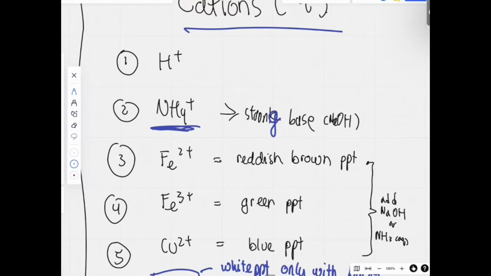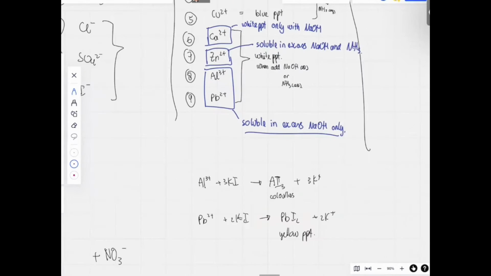But if you heat up ammonium, will it become a gas? Yes, if you really heat it up, but you will produce very little. So ammonium is not the form of ammonia. It's two different things.